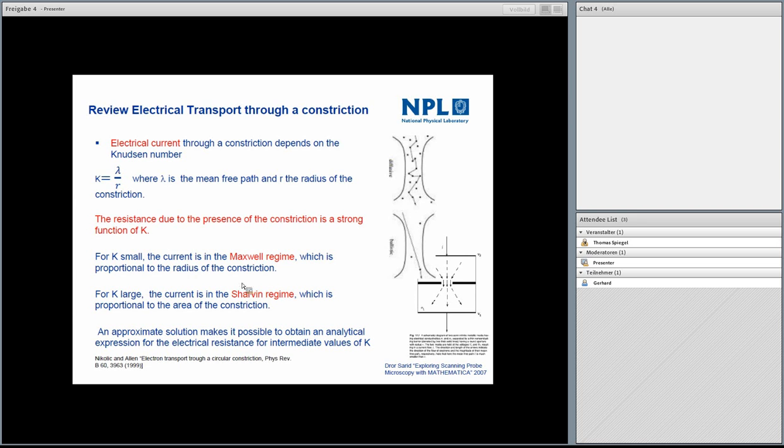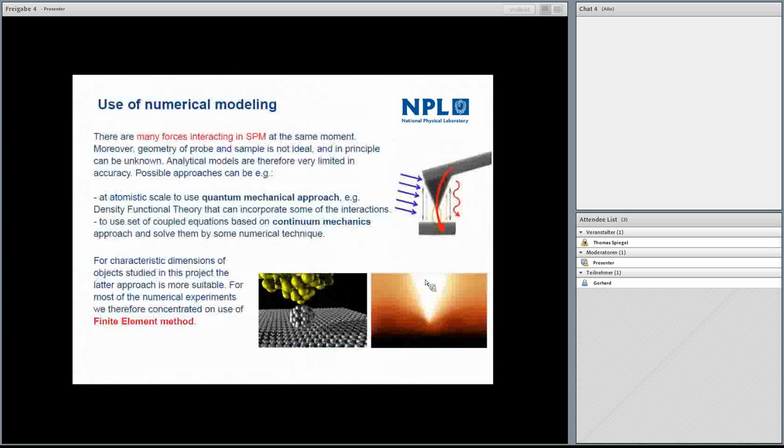So it's well known from the literature and from previous years that basically we have two regimes: the Maxwell regime, the classical regime we all think about intuitively, and another regime, the Sharvin regime, where the transport is what we call ballistic, meaning that we don't have scattering of the carriers, which could be electrons or phonons, depending on what we're talking about.